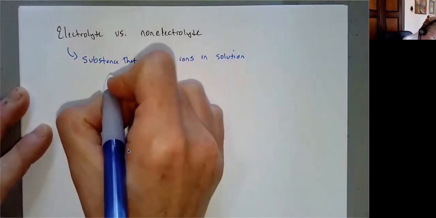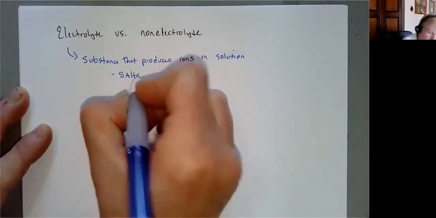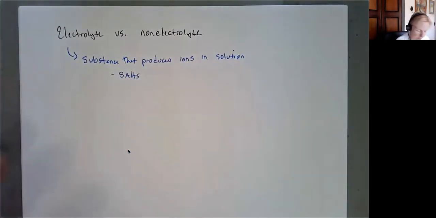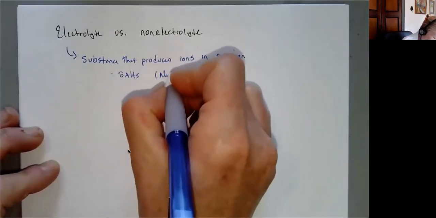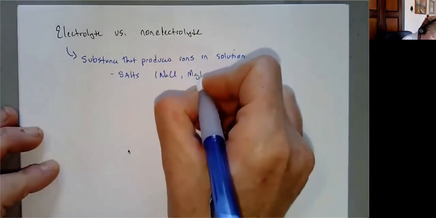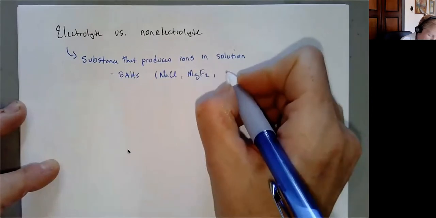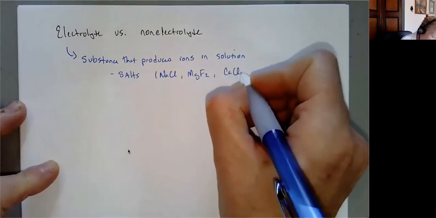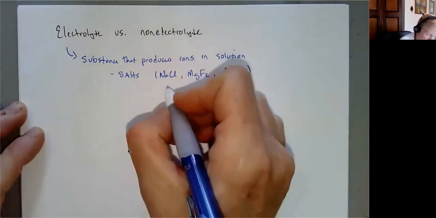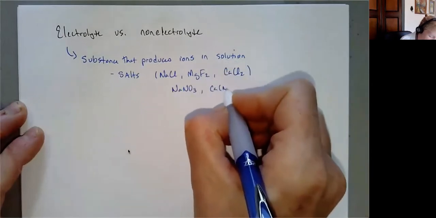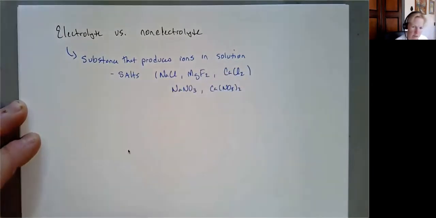We typically think of these as salts. Salt is our generic term for an ionic compound. So NaCl, magnesium fluoride, calcium chloride, calcium nitrate, those would all be salts.